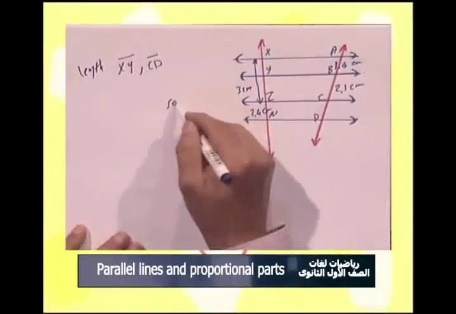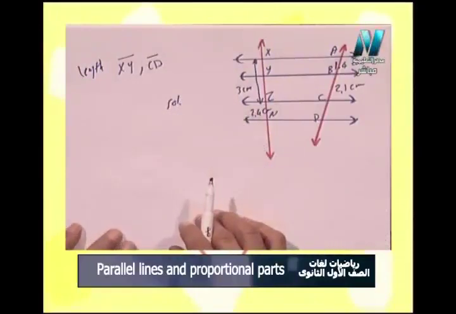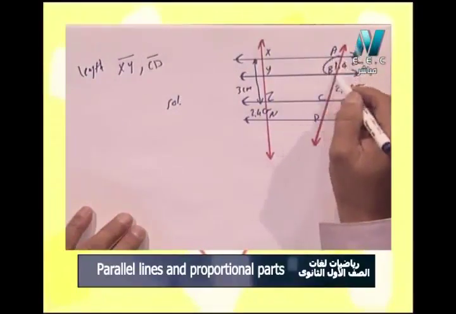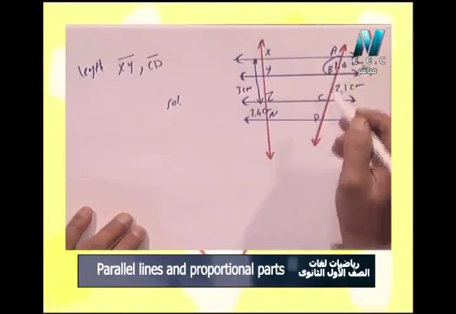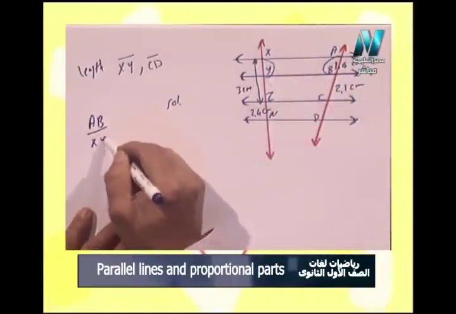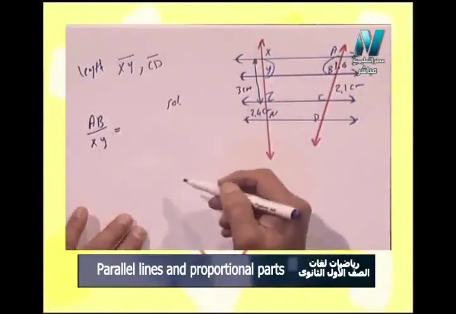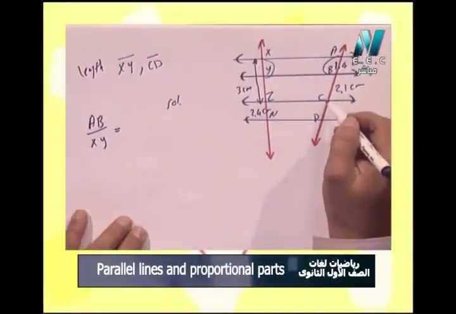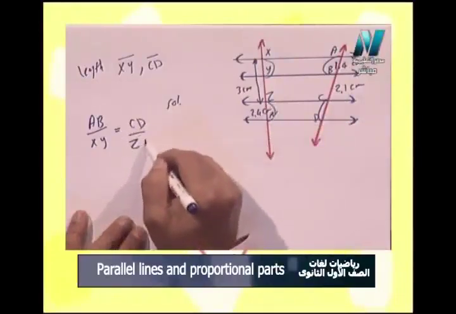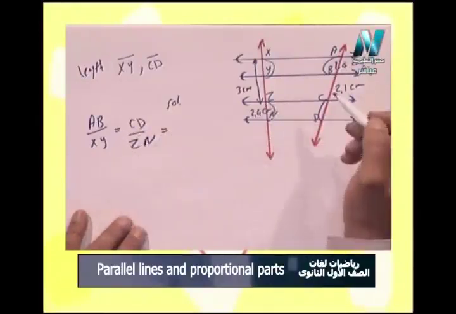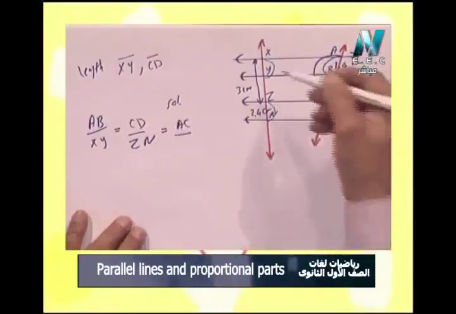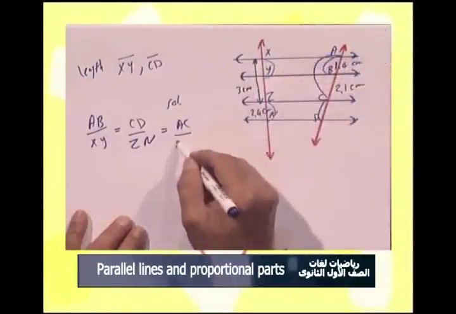Our solution will be, we have AB over XY here. AB over XY equals what? We can say CD over ZN equals AC over what? Of course, over XZ.